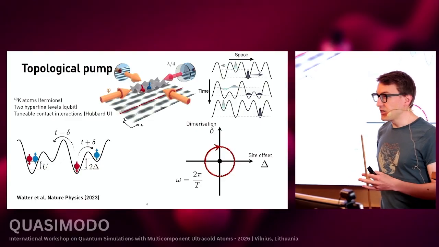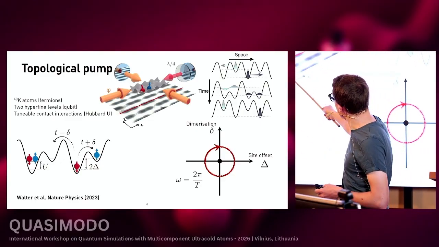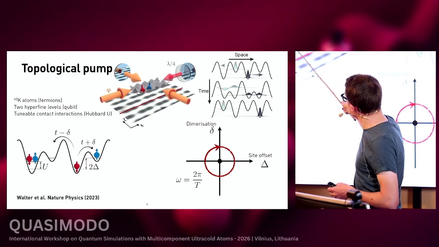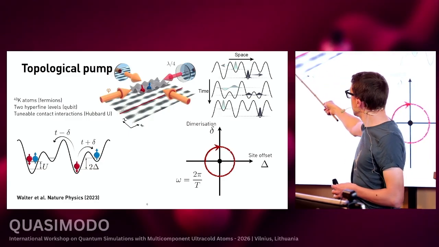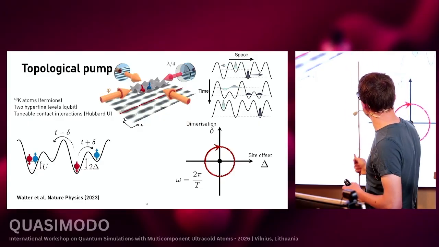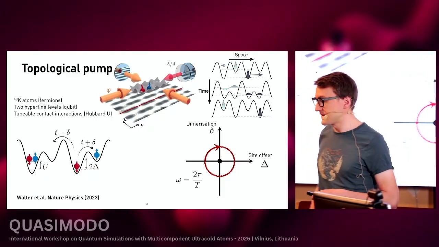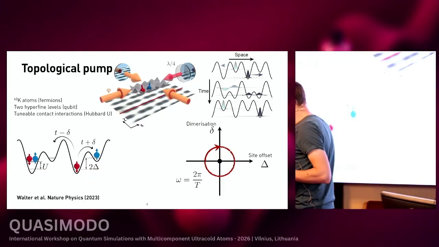And in the experiment, our innovation was to realize a lattice where we have imbalanced lattice power on this axis, so we have more light here than on the reverse path, and this allows us to do this pump in a very simple and robust way. Mathematically, we describe this in the language of Fermi-Hubbard.